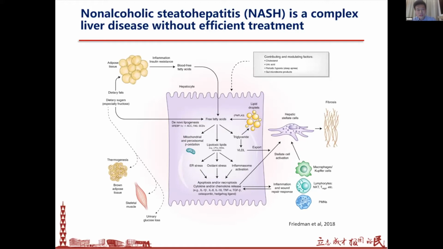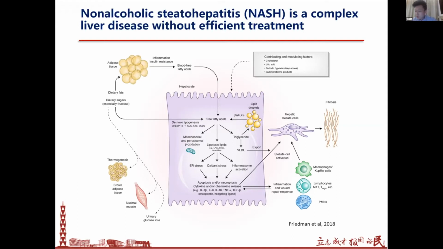We know that NASH is a complex liver disease, but it's not just a phenotype in the liver, because it involves interactions between the environment and the genetic background of patients. As you see in this picture, it involves different cell and tissue types.